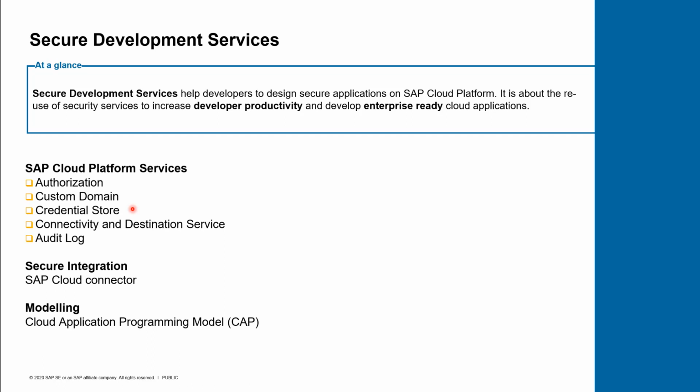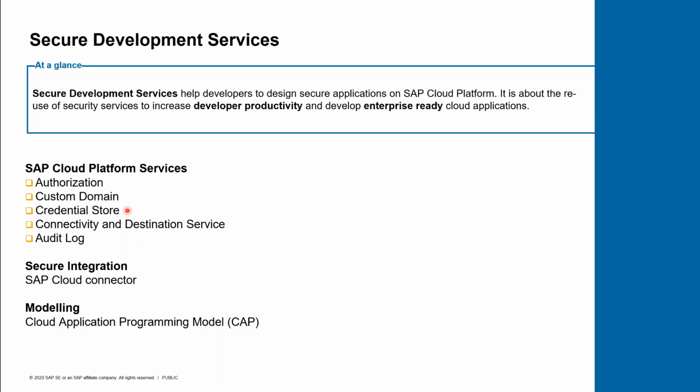So there are several services under the SAP Cloud Platform umbrella. It is about authorizations. You know it perhaps under the technical name XSUAA. It's about customer domain. This is not a purely security topic. It's about your customer domain for accessing your application in the web browser, but it comes also with a certificate, and that's why I just wanted to mention it here.